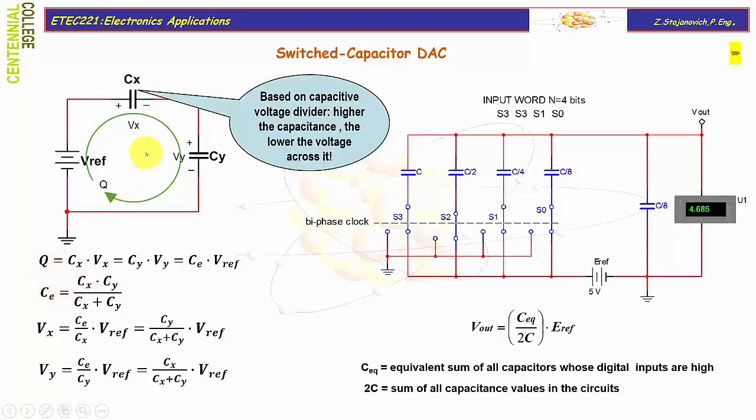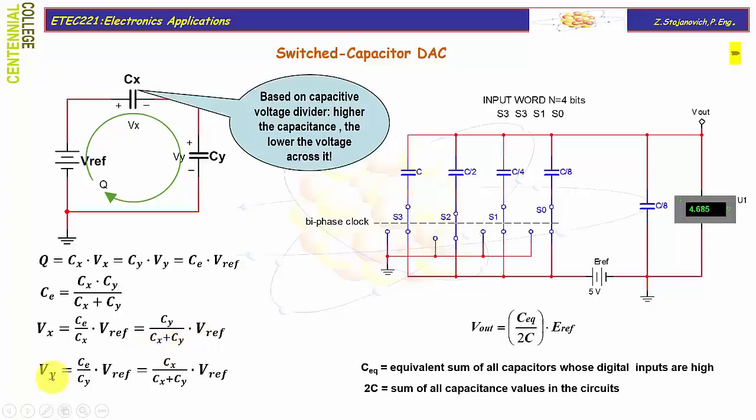Of course, for the series combination of capacitors, the equivalent capacitance is given by this expression. If we solve this equation for Vx using Vref, we will come up with the expression Ce over Cx times Vref. Since Ce is given by this expression, if you substitute Ce, then Cx and Cx will cancel out, and you will get Cy over the sum of all capacitance in the circuit multiplied by the total reference voltage.